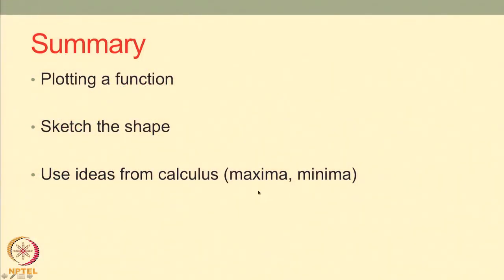For this we use ideas from calculus, like maxima, minima and derivatives: when the first derivative is 0, there are turning points, a maximum or a minimum. If the second derivative is positive, it will be a minima, and when the second derivative is negative, it will be a maxima.